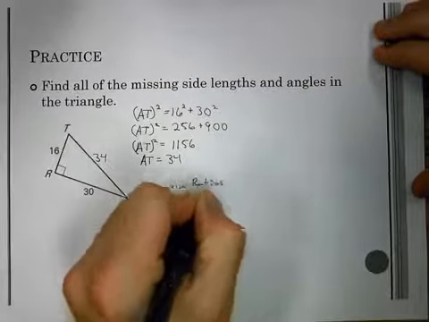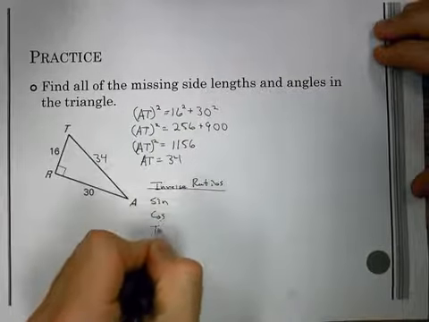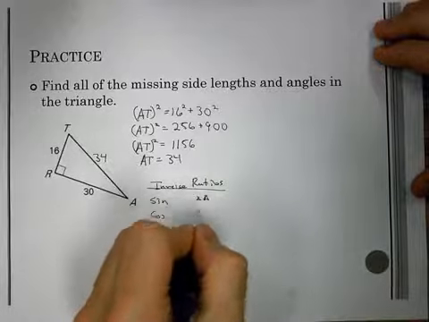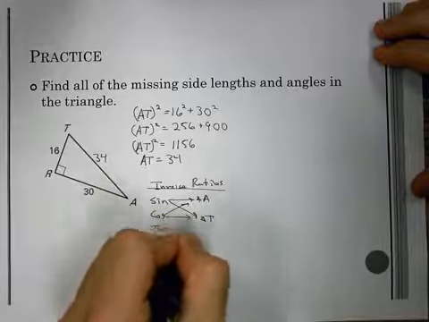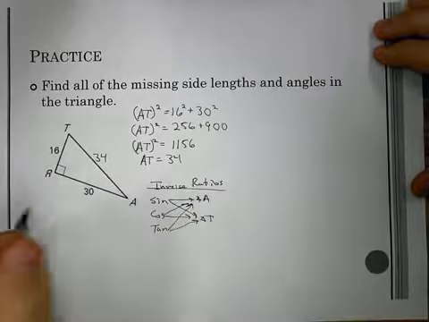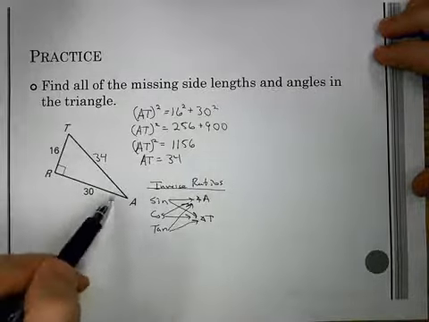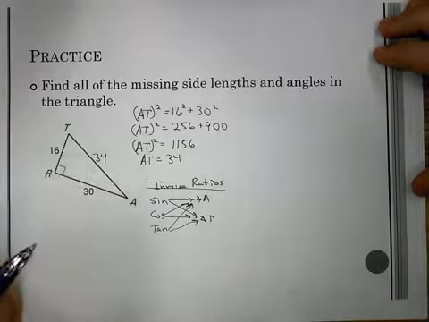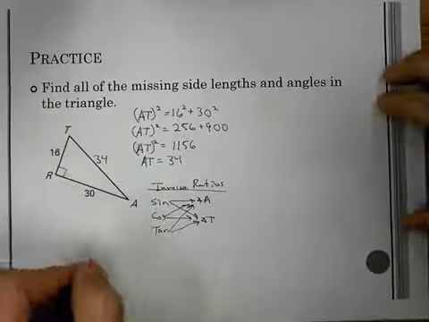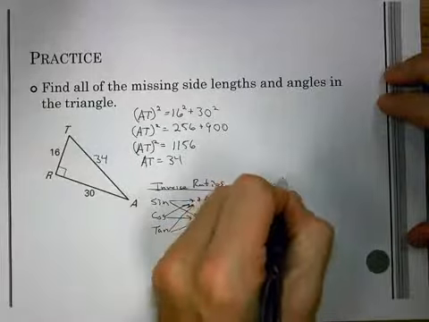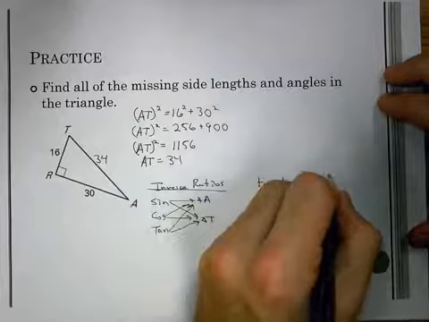So our options, we could do sine, we could do cosine, we could do tangent of angle A or angle T. So we actually have the option of doing it for any of them. So you pick one, you solve it. Once you solve it, whenever you get the angle, let's say angle A, we'll subtract it from 90, we'll have angle T. So let's see, which one should we do? How about we pick tangent of A, which is 16 over 30, which is also 8 over 15.